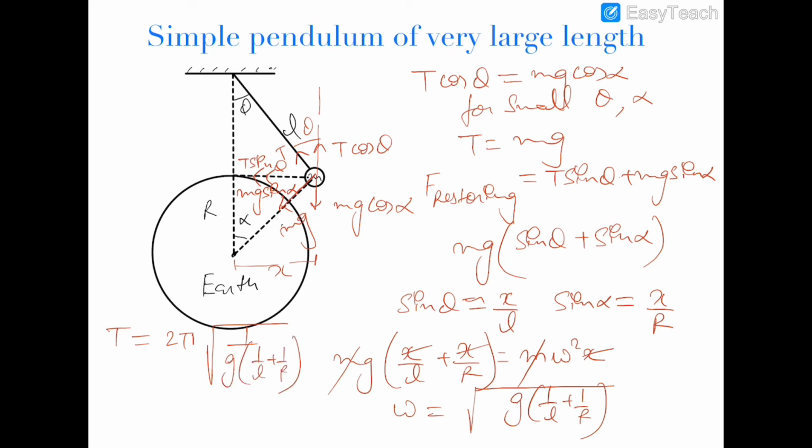Now I am writing the time period again on this page: T is equal to 2 pi under root of 1 upon g into (1 upon L plus 1 upon r).